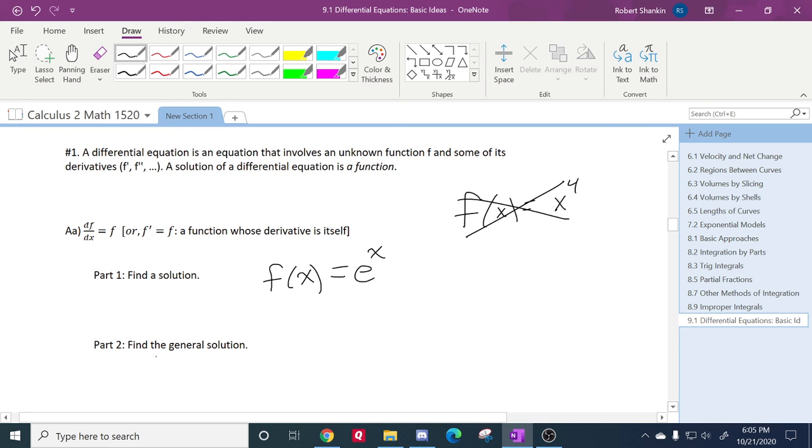Now part 2, find the general solution. Now, remember like when we took integrals? We would say an integral of x squared is x cubed over 3. But a general solution would be x cubed over 3 plus a constant c. You know, because it could be something more than just x cubed over 3. All right, so in this case, find the general solution.